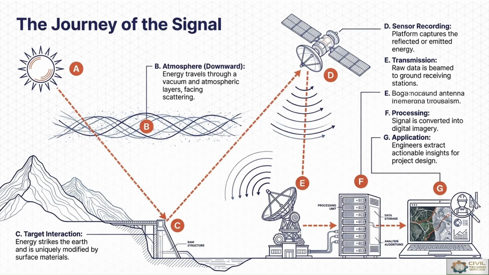That reflected energy is received by the sensor, which may be a satellite or a drone, the platform that captures the reflected or emitted energy. After that, there is a transmission phase, where raw data is beamed to ground receiving stations.